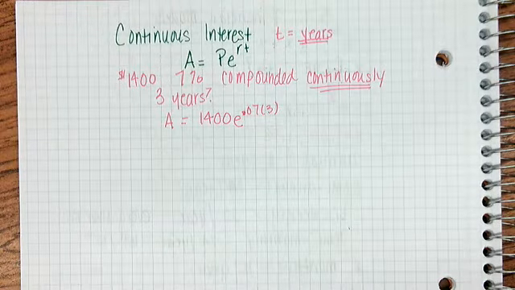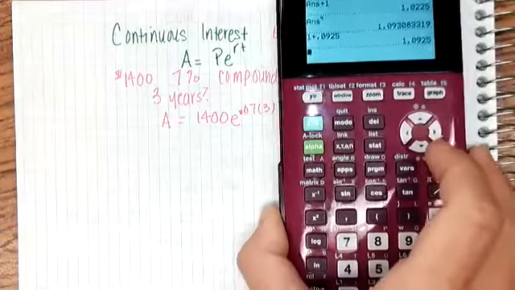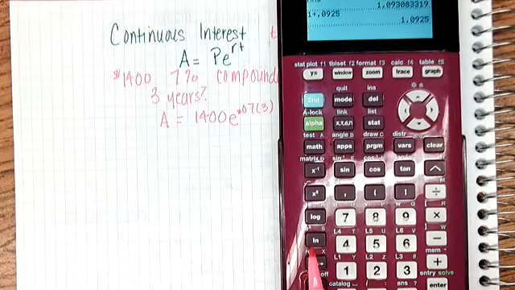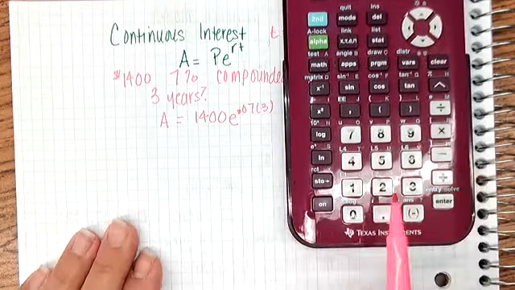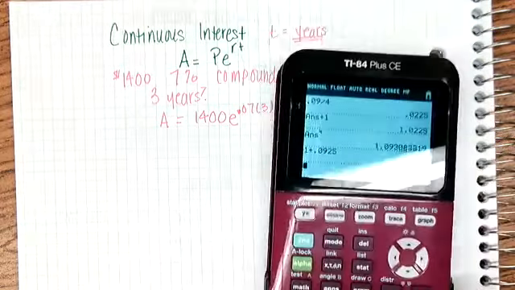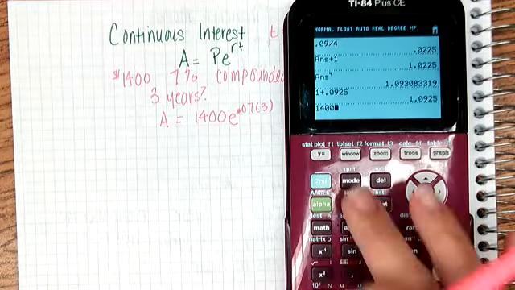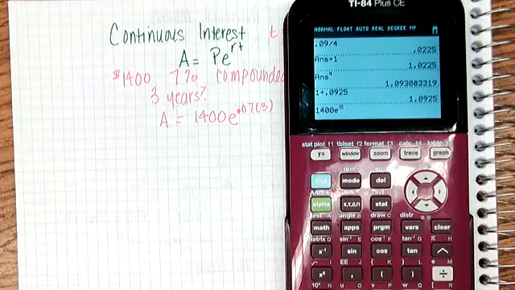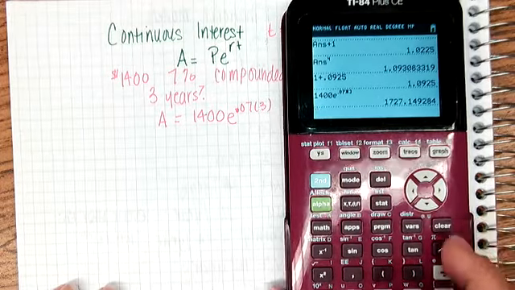The e to the x key is above ln. Oh, it's hard to see. There it is. e to the x is above the ln. So I'm going to do 1400, second ln, and there's my e, 0.07 times 3. $1,727.15.